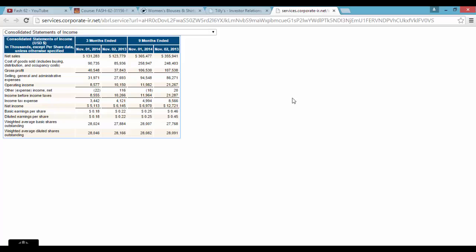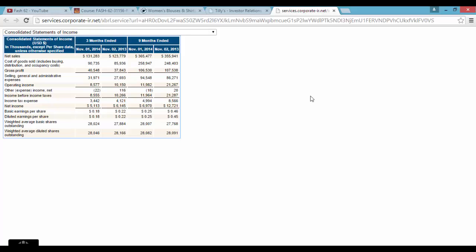For the same period last year, November 2013, the quarter end sales were $123,779,000. I can also look at the same information for the last 9 months that have ended. So the last year or year-to-date information would be considered the 9 months, and the last quarter would be the 3 months.